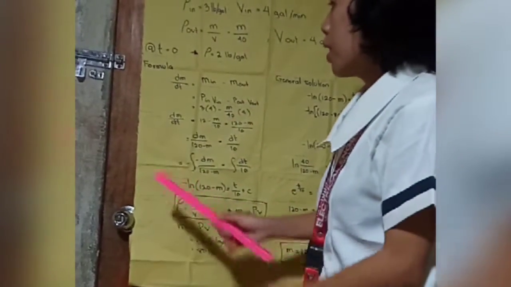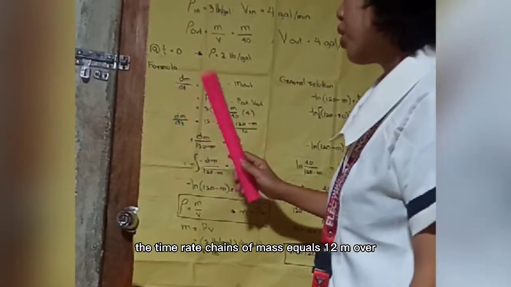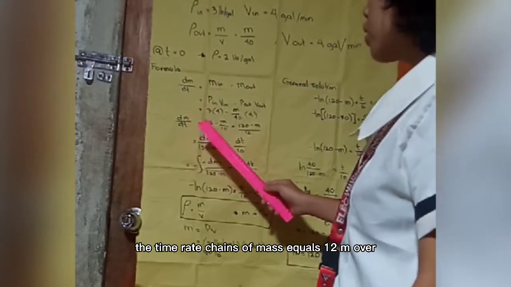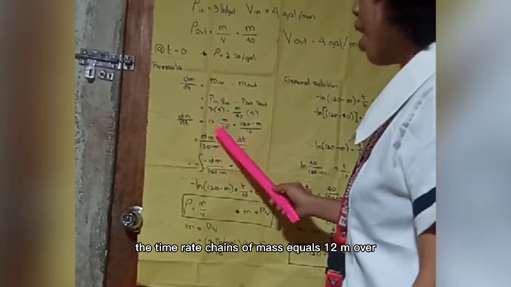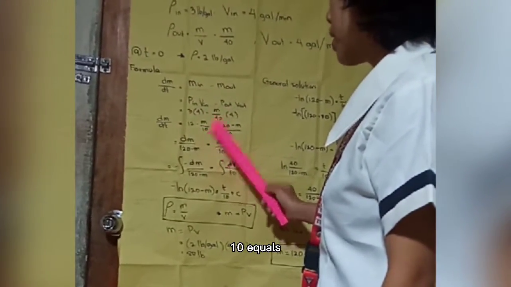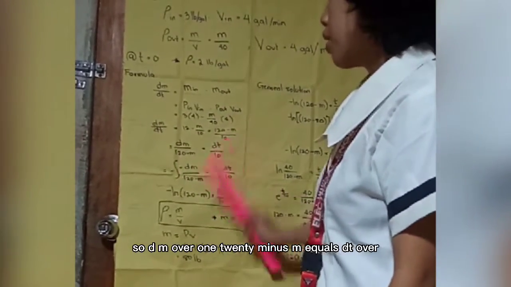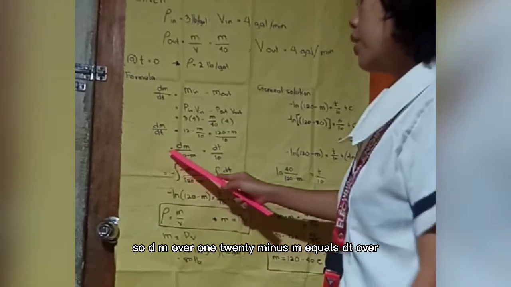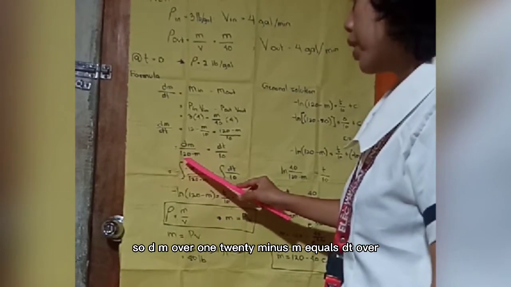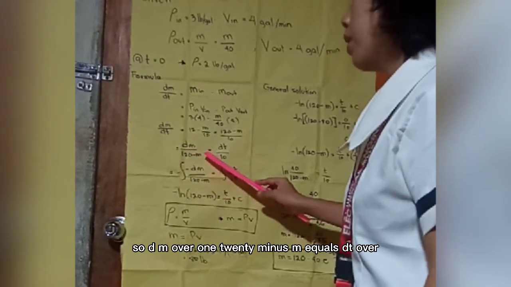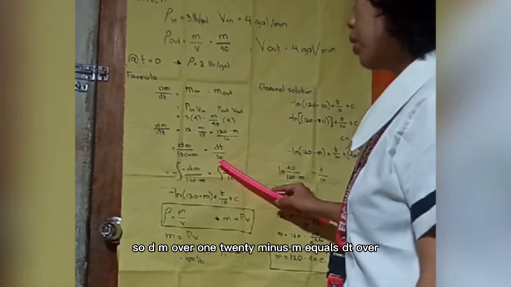So the time rate of change of mass equals 12 minus m over 10, which equals 120 minus m over 10. So dm over 120 minus m equals dt over 10.